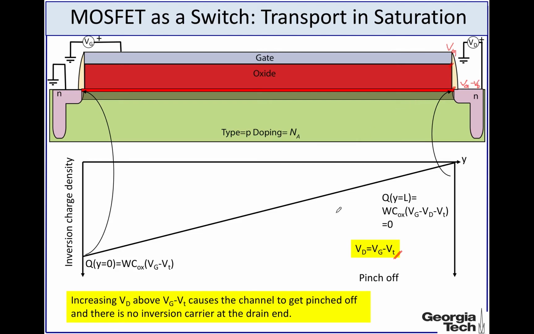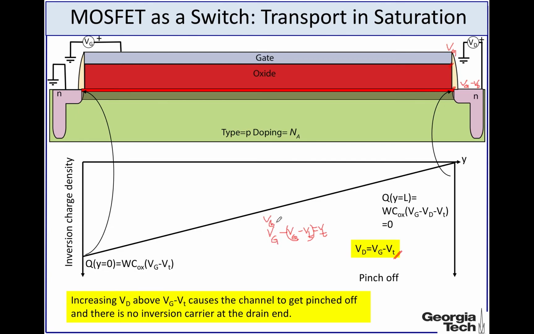So at this end you have Vg minus (Vg minus Vt), that gives you Vt.